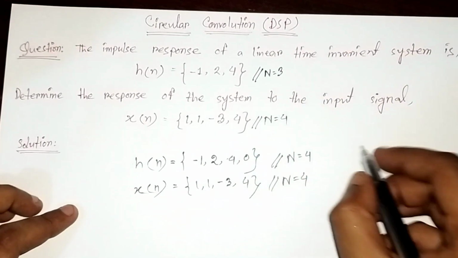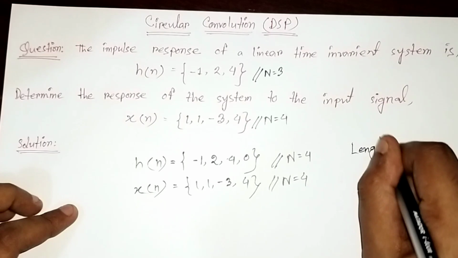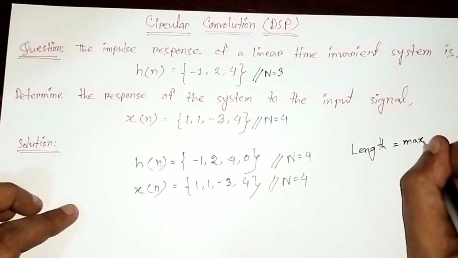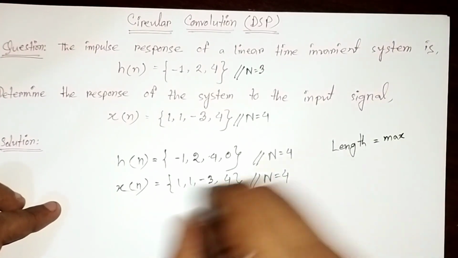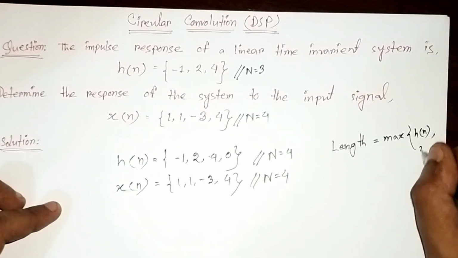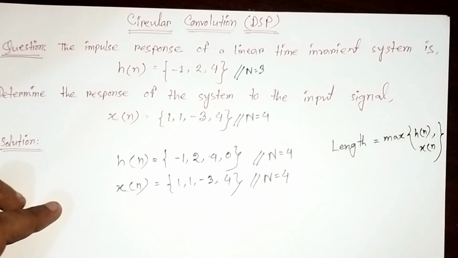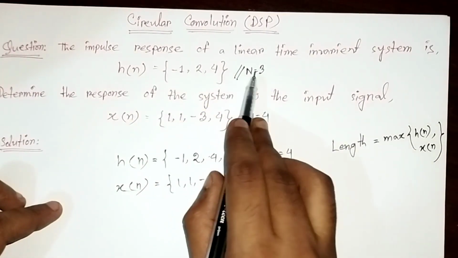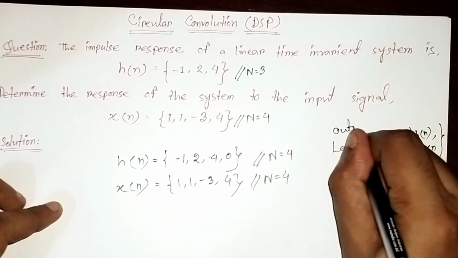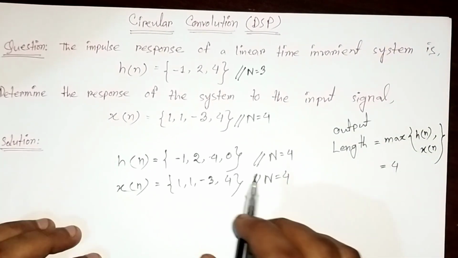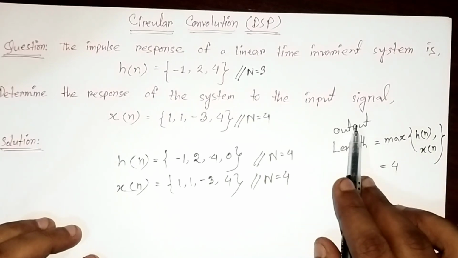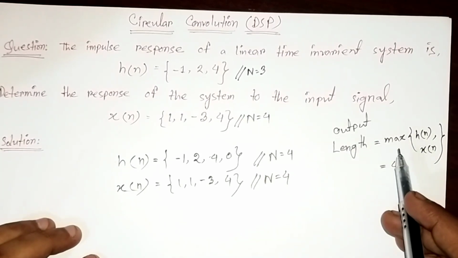In circular convolution, the length of the output will always be the maximum of the given sequences, that is h of n or x of n. Here the length of h of n is 3 and the length of x of n is 4, so the output length will be 4.